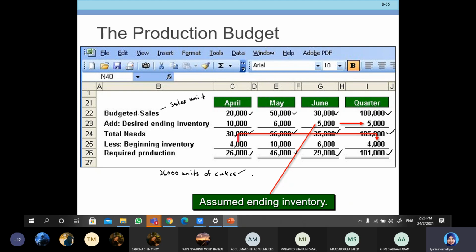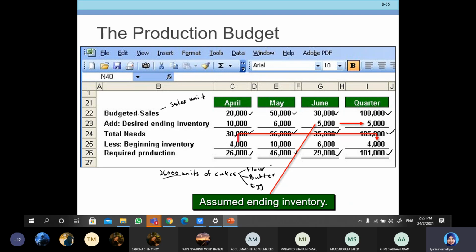Maybe the big one will be flour, right? Okay, and maybe butter, and maybe egg. Okay, let's say we already identified this 26,000 units of cake, but how much flour do we need to buy? How much butter do we need to buy for April? How much egg do we need to buy for April in order to make this 26,000?